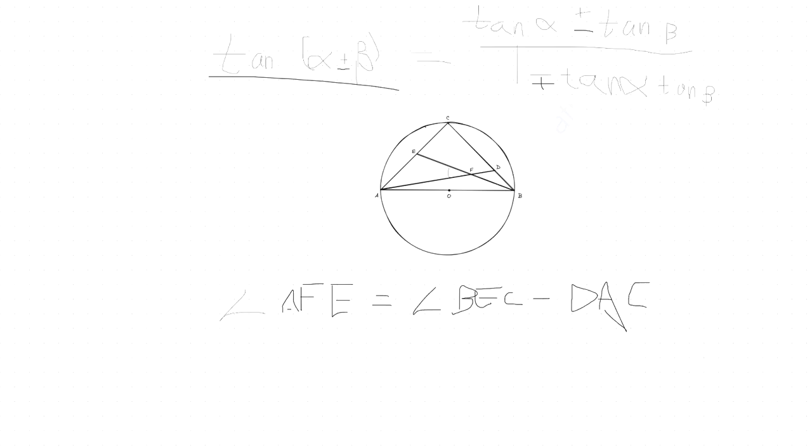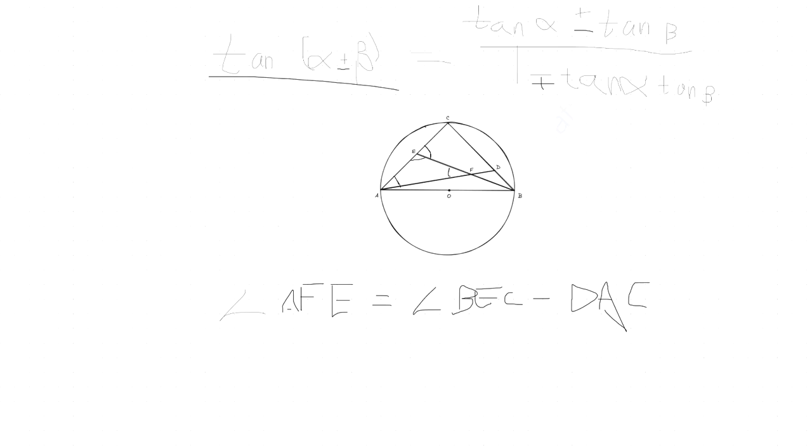By the exterior angle theorem, angle BEC is equal to angle EAF plus angle EFA. That's because angle BEC is 180 minus AEB, and 180 minus AEB is just this angle plus this angle. So that's how we get that.